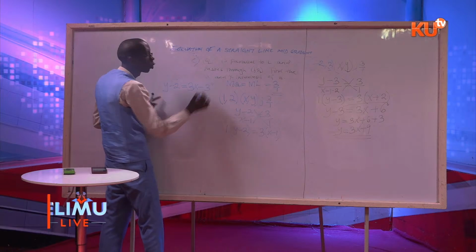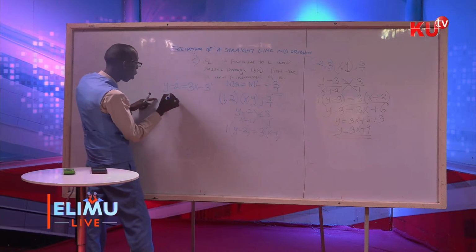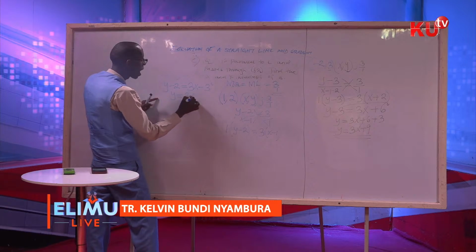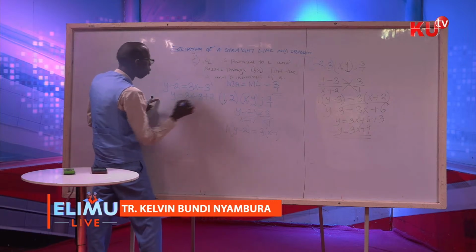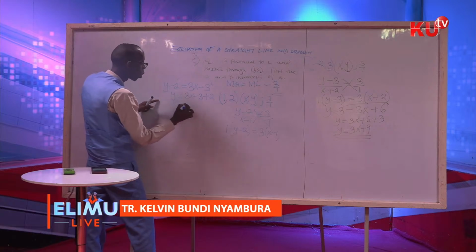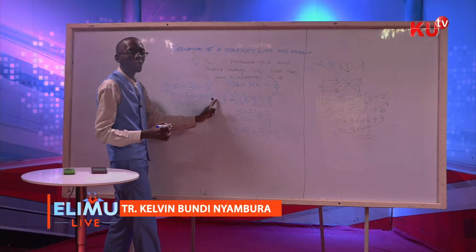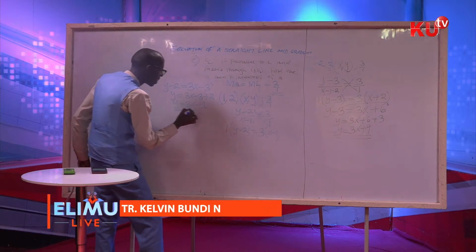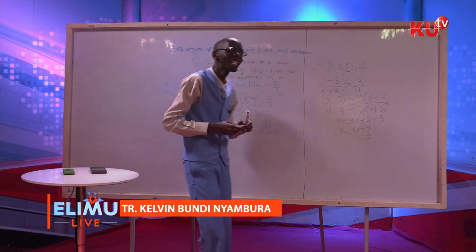When you take 2 to the other side, it is going to be positive. Therefore, the equation of Q will be y = 3x - 3 + 2. y = 3x - 1. This is the equation of Q.